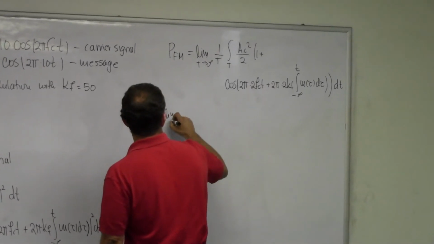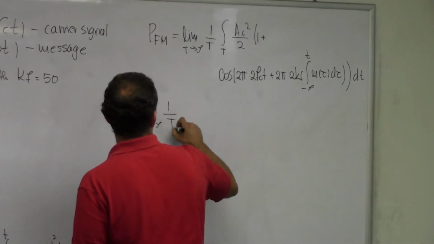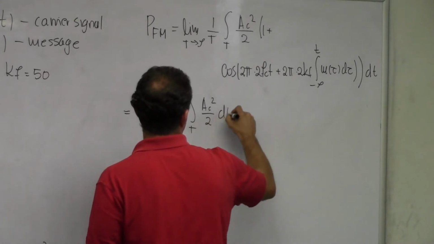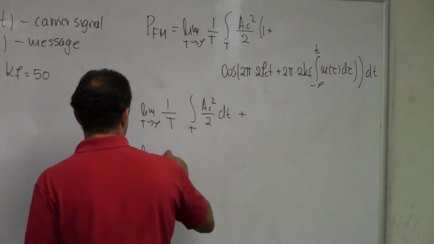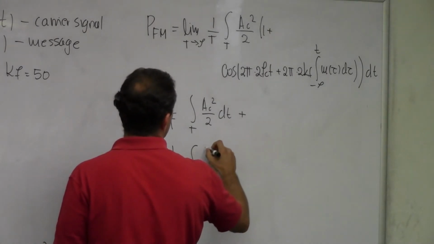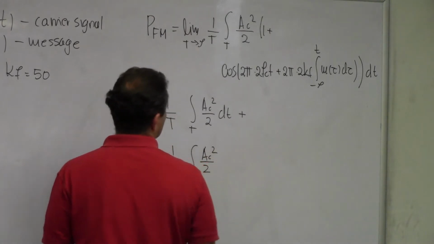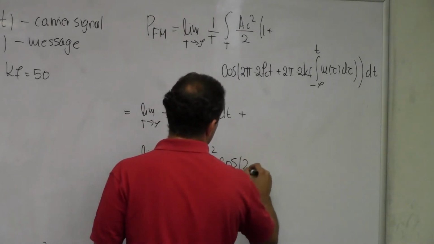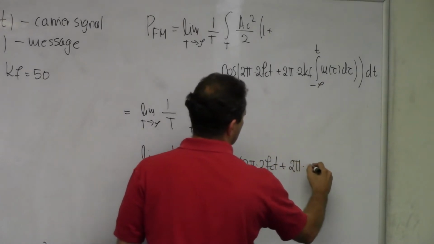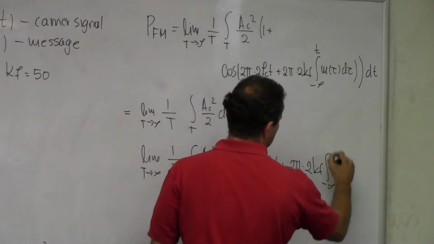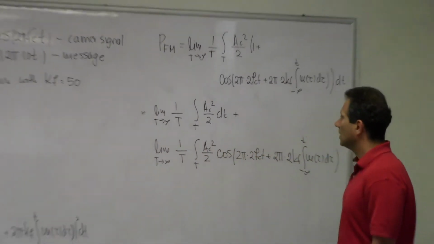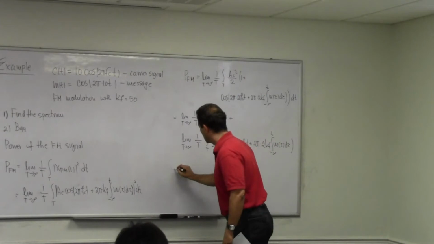So this becomes the limit when t goes to infinity, 1 over t, integral over t, Ac squared over 2 dt, and then plus the limit when t goes to infinity, 1 over t, integral over t, Ac squared over 2 times cosine of 2 pi times 2 fc t plus 2 pi times 2 kf, integral from minus infinity to t, m of tau d tau. Okay? Now, what is the value of the first integral?